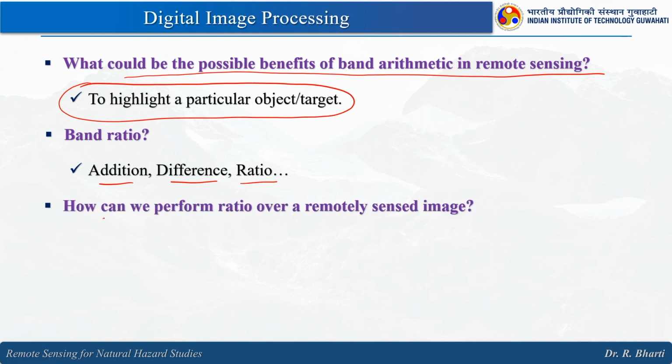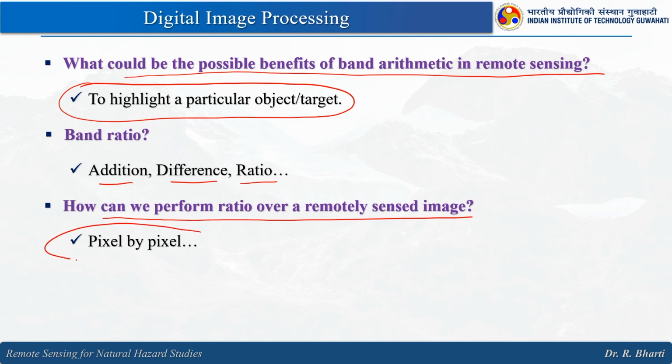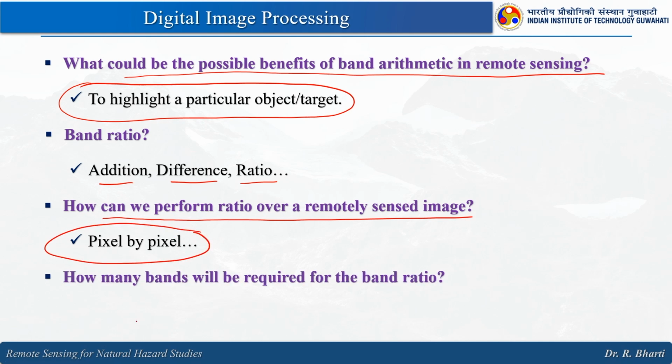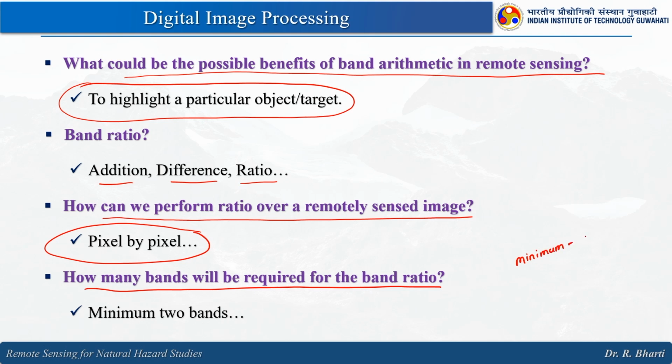Then the next question is, how can we perform a ratio over a remotely sensed image? Pixel by pixel, because we are not considering the whole image. And how many bands will be required for a band ratio? Minimum 2, because you need something to do A plus B, A minus B, or A by B. If you have more, you can have A plus B plus C, or A plus B minus C, or A minus B plus C. This type of arithmetic is also possible.